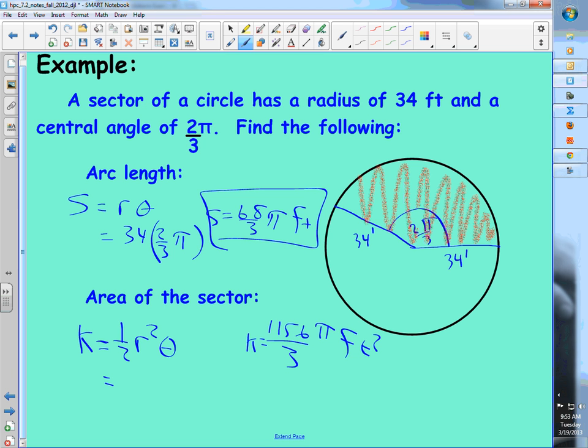So one half 34 squared. Any questions on those? This is plug and chug stuff. You've got to know which formula, and you've got to know whether you're in radians or degrees. But after that, it's plug and chug.